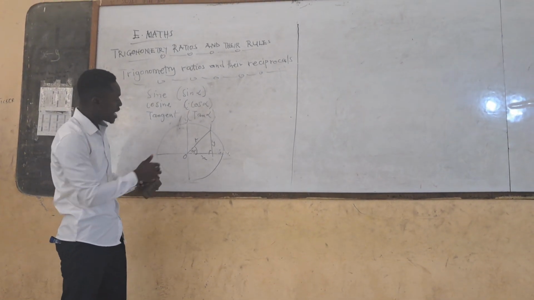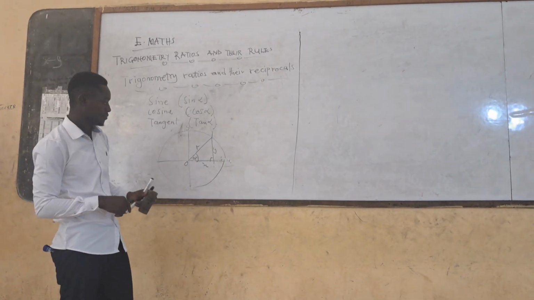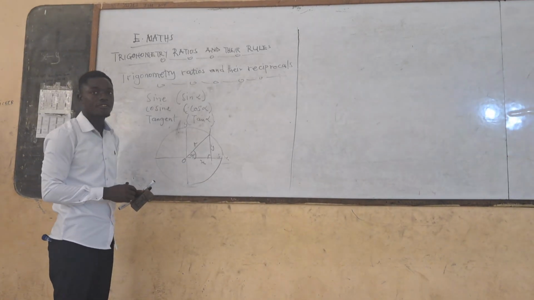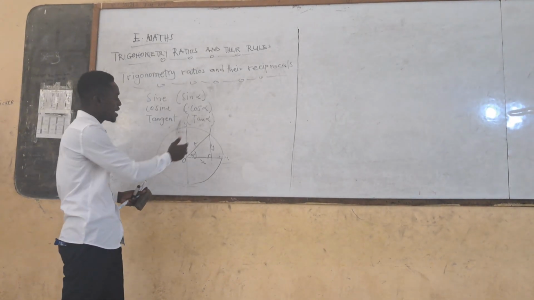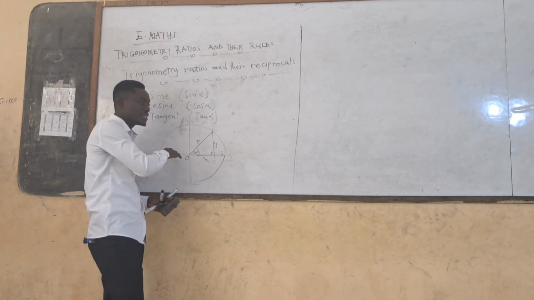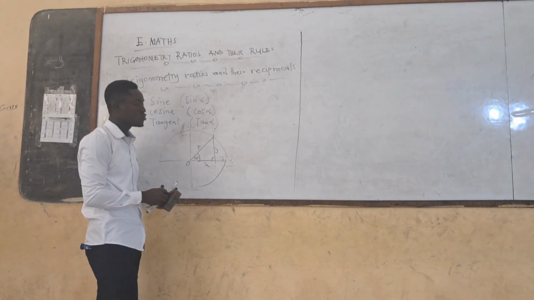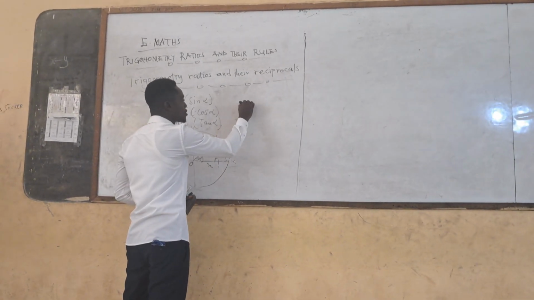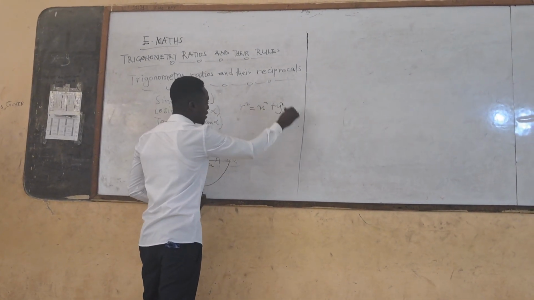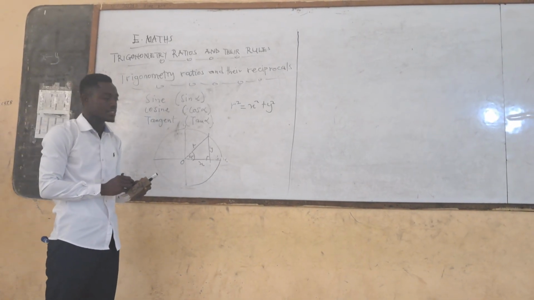As you can see, we have a right angle triangle here, and from this we can apply the idea of Pythagoras: the hypotenuse squared is equal to the sum of the squares of the two other sides. So r squared is equal to x squared plus y squared, according to the law of Pythagoras.